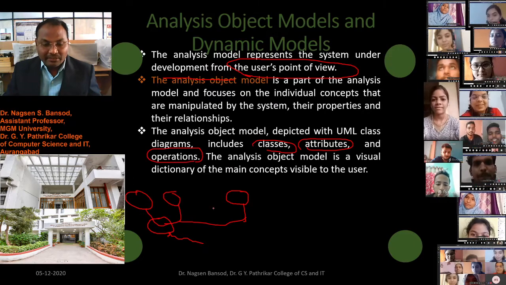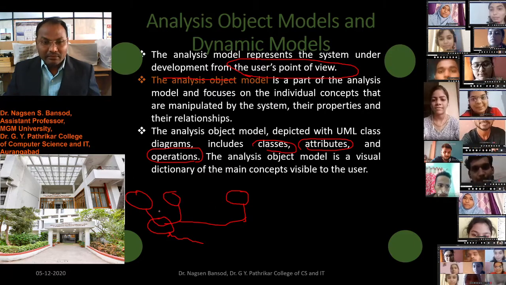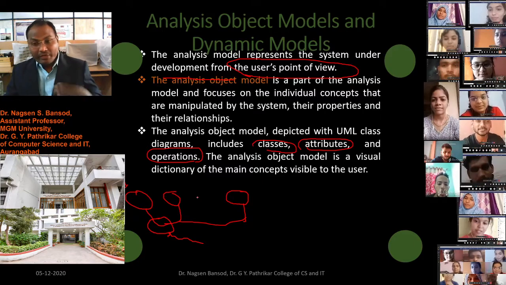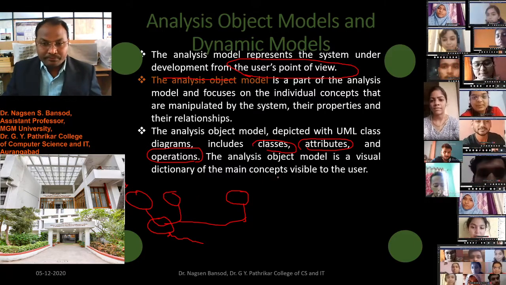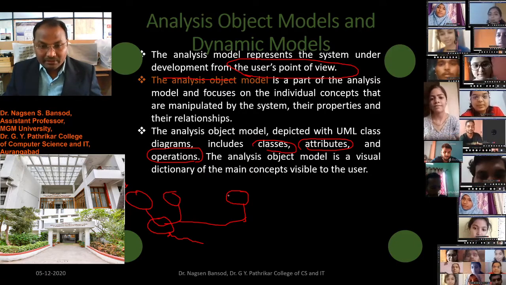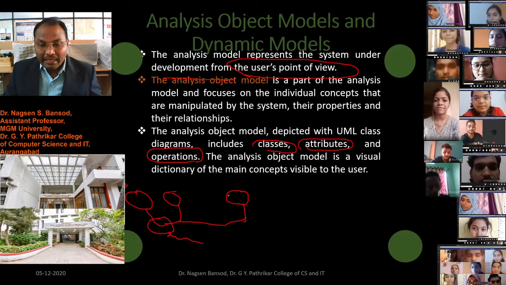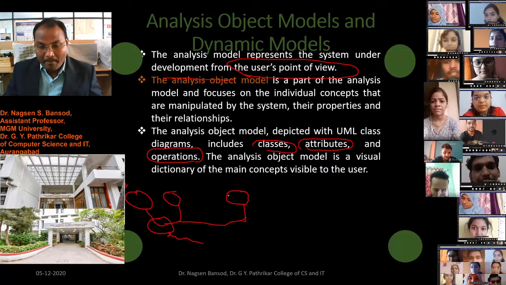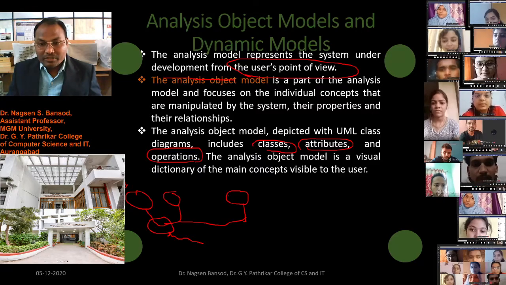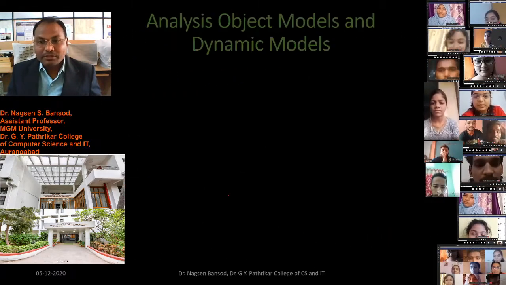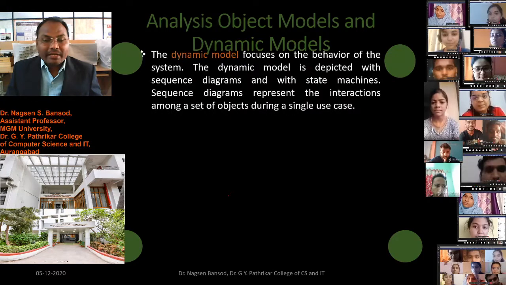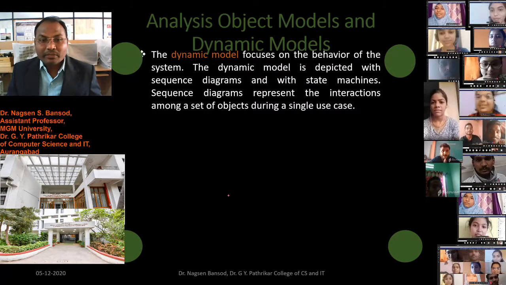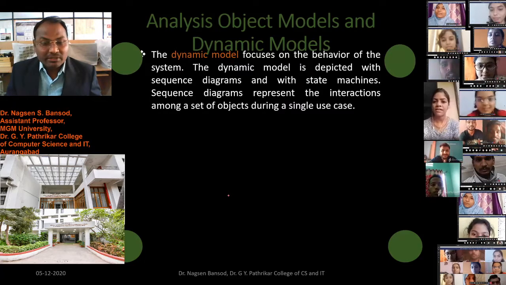In this analysis model there are various classes, various attributes and various operations. The analysis object model is a visual dictionary of the main concepts visible to the users. The dynamic model focuses on the behavior of the system. It is depicted with the sequence diagram and with the state machine diagram.